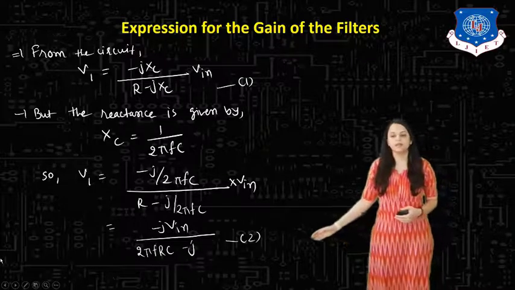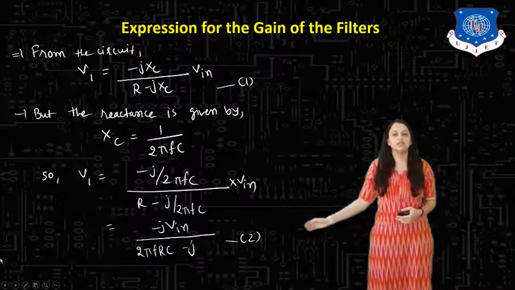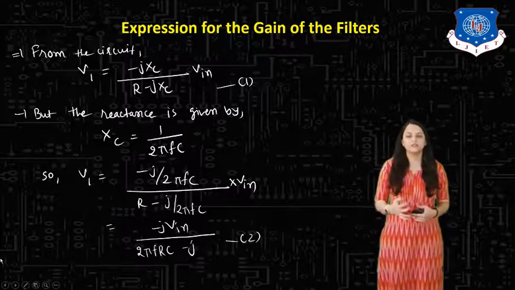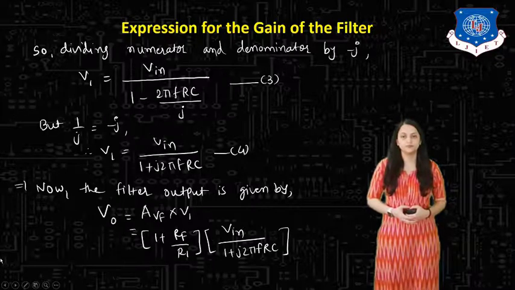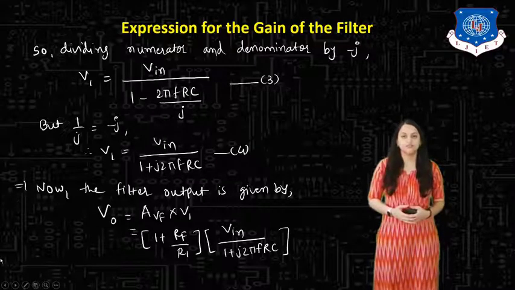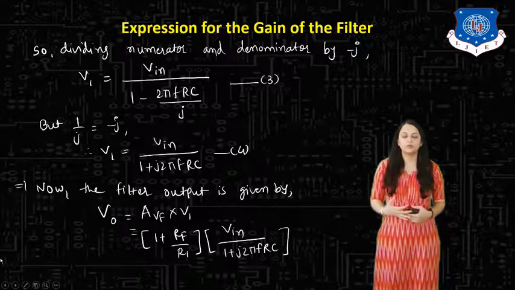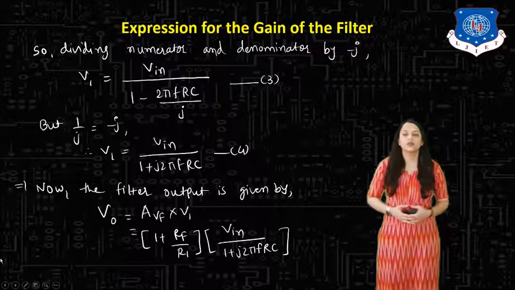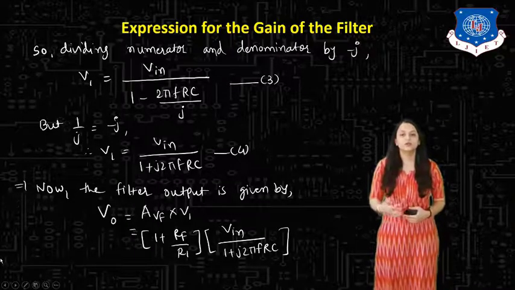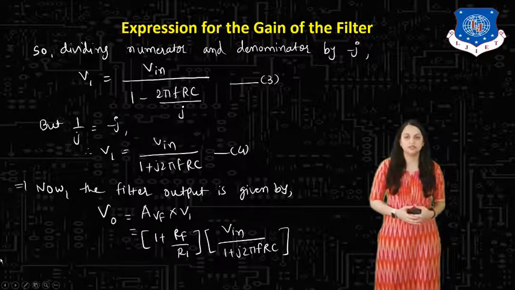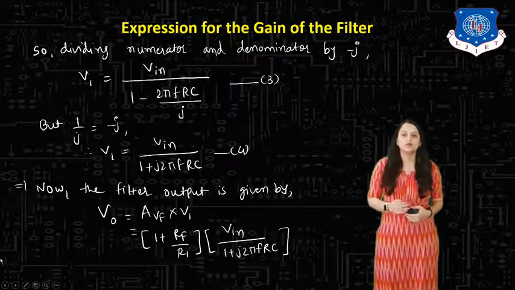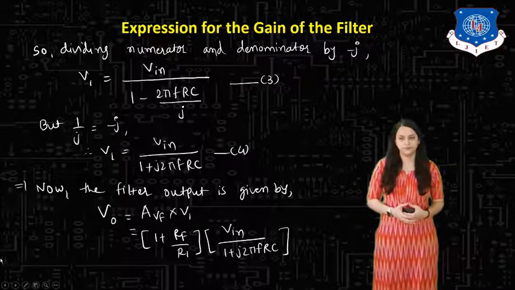So by simplifying it, we can get equation number 2, which is minus J V upon 2 pi RC F minus J. If we divide the numerator and denominator by minus J, then we have equation number 3, that is V1 equals V upon 1 minus 2 pi FRC by J. But we know that 1 by J is given as minus J. So equation number 4 is V1 equals V upon 1 plus J 2 pi FRC.